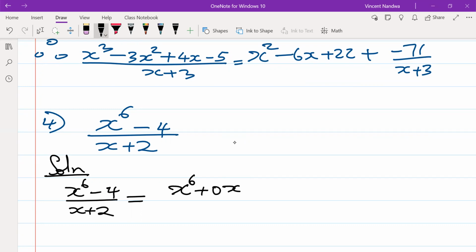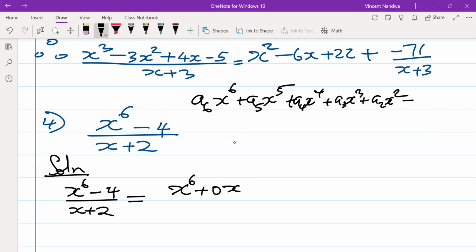It's 6. Degree 6 will take this form: a6 x power 6, a5 x power 5, a4 x power 4, a3 x power 3, a2 x power 2, a1 x, up to a naught at the final term.